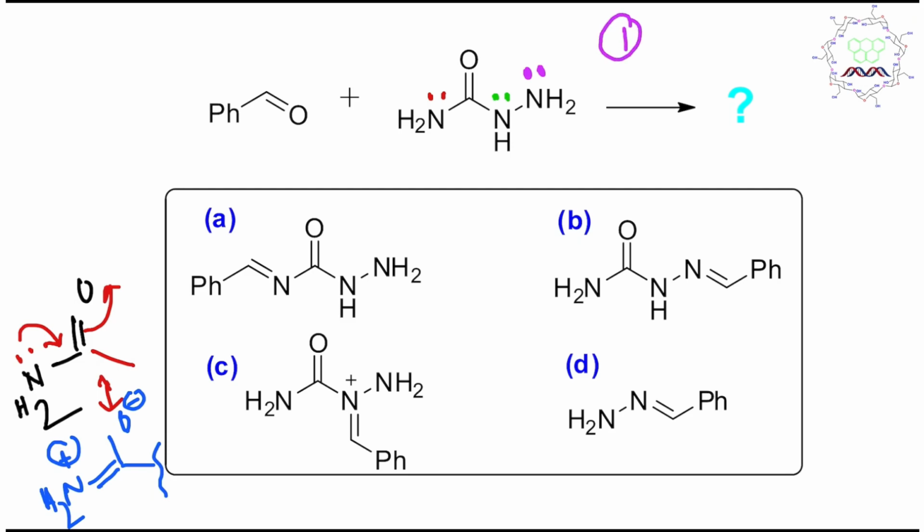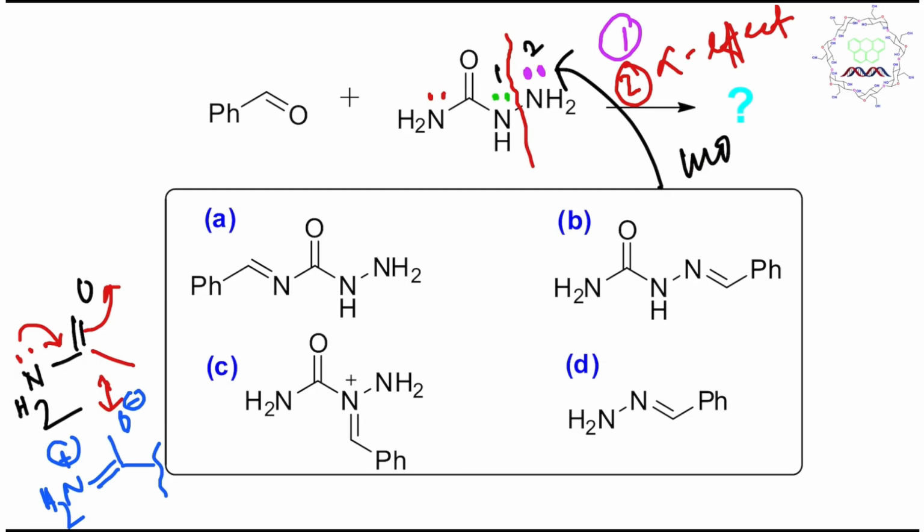And second, these two lone pairs, this 1 and 2, have a significant amount of repulsion because they are adjacent together, and this is called the alpha effect. Because of this alpha effect, this nitrogen atom is more nucleophilic. Based on this concept you can understand it's more nucleophilic, reactive, activated, so it will react.